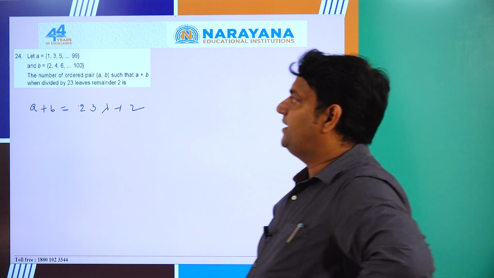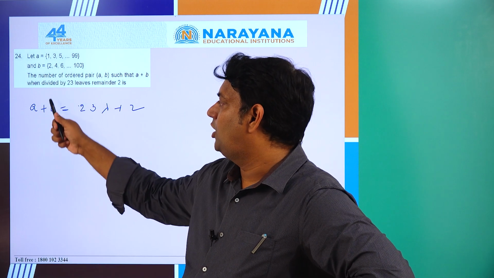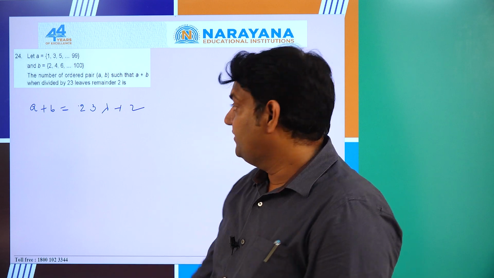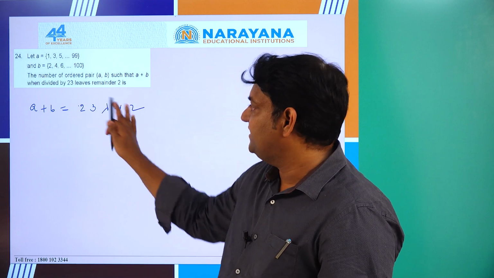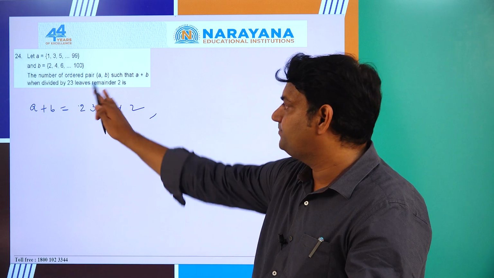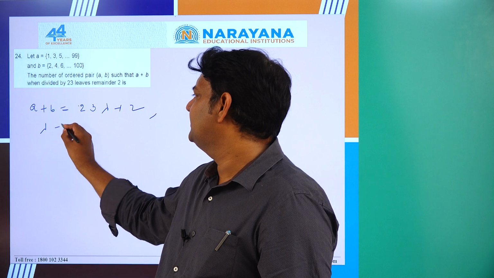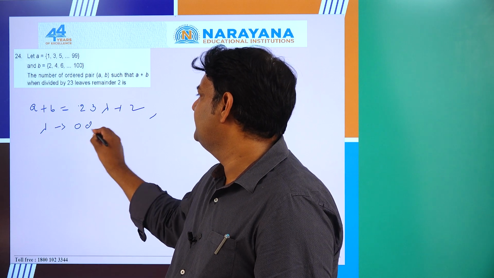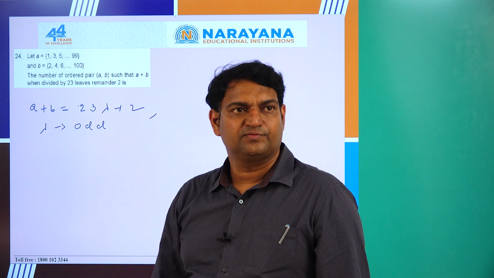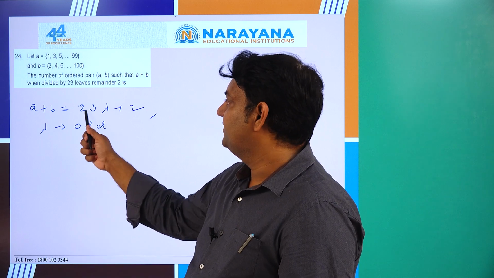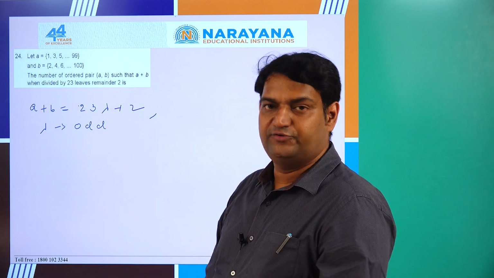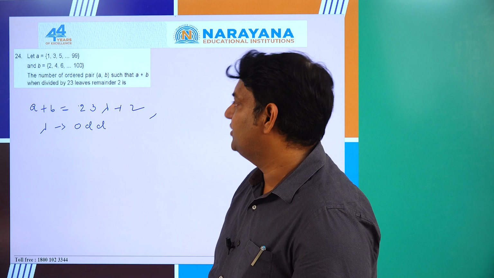Now A is odd, B is even, so A plus B should obviously be odd. For the right hand side to be odd, lambda must be odd. Why? Odd times 23 is odd, odd plus 2 gives an odd value. So lambda should be odd.